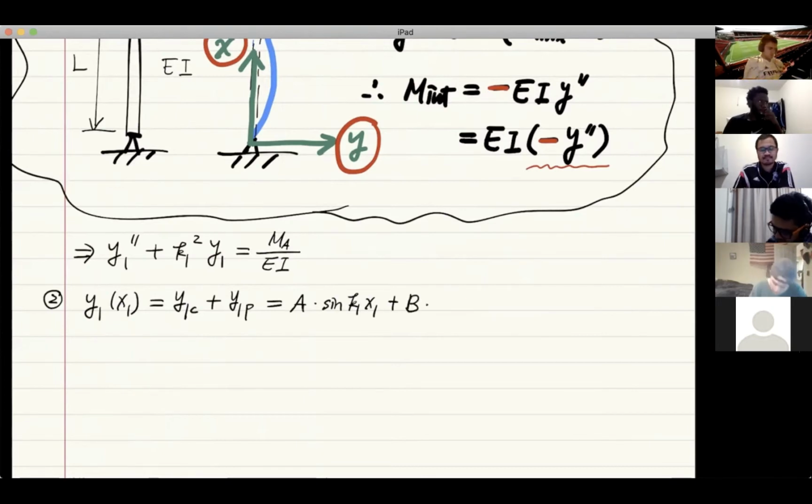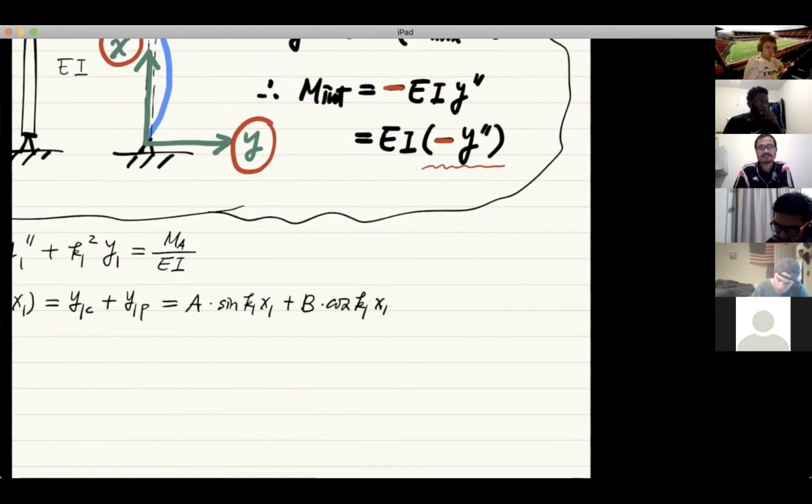That's the complementary solution. For the particular solution, you just divide the constant term, as long as it's not x-dependent, by k1 squared. That gives you plus MA over EI over k1 squared.